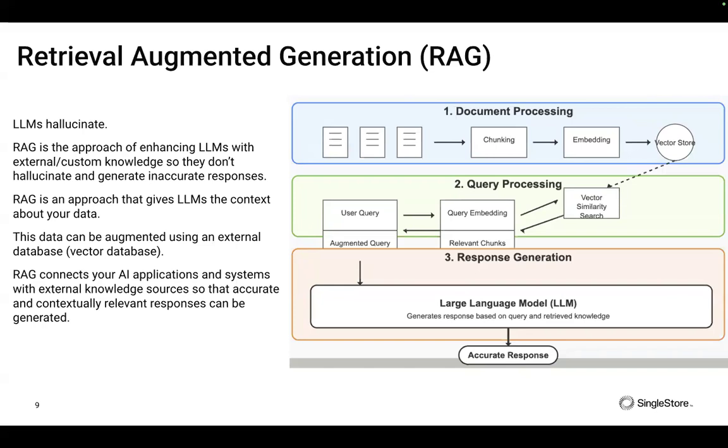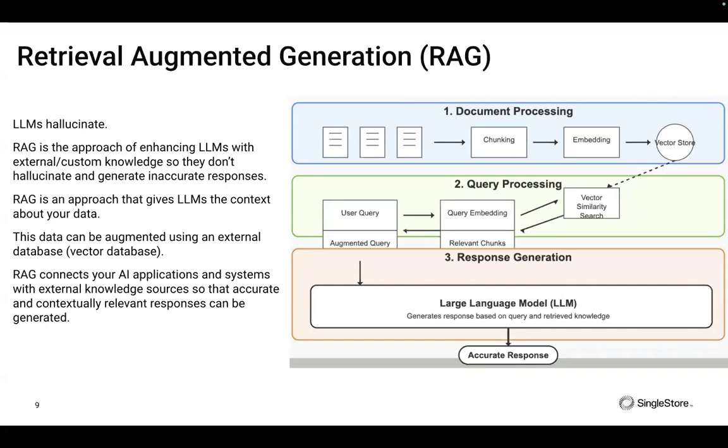In the first phase, document processing, you have a custom document which gets chunked, and each chunk gets converted into an embedding. All these embeddings are stored in a vector store like SingleStore. When a user query comes in, that query also gets converted into a vector embedding. Through vector similarity search, it goes through the vector store to find the matching chunks, like the top three matching chunks.